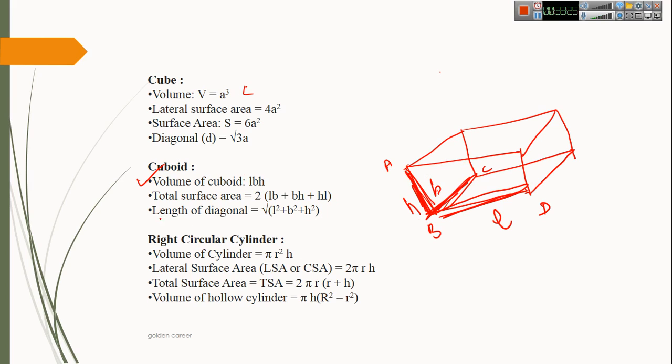And here for total surface area, if we add the areas of all the sides, like this side, this top side, this back side of this cuboid, and this front face of this cuboid, then what we get is the total surface area, which is 2 into (length into breadth plus breadth into height plus height into length).